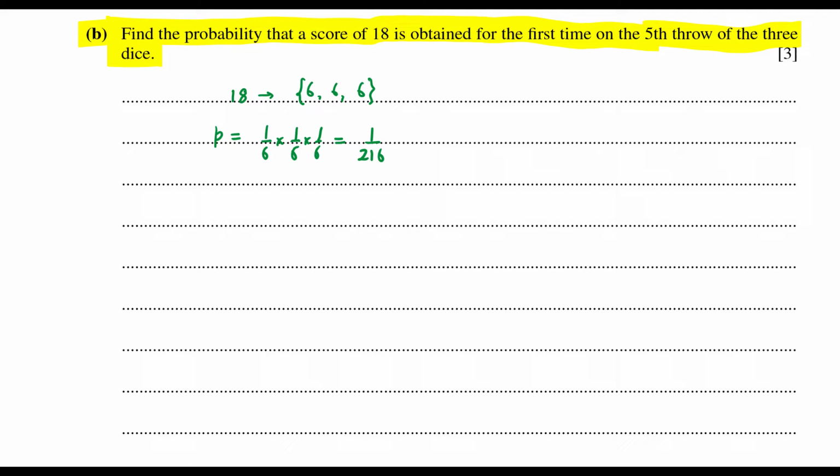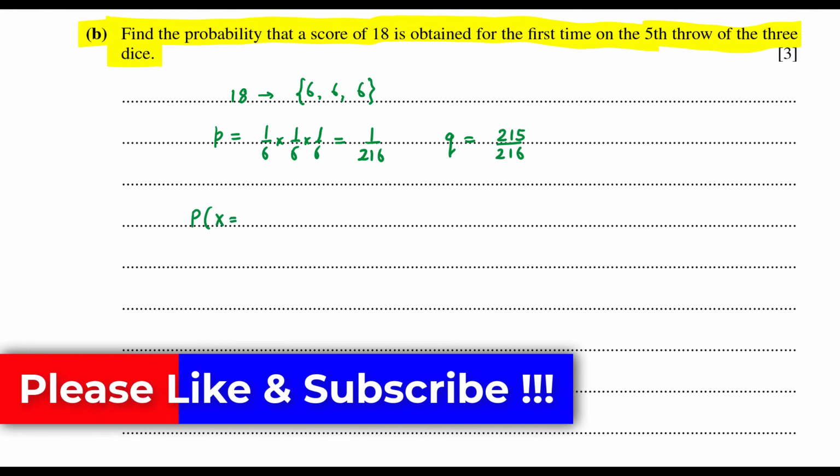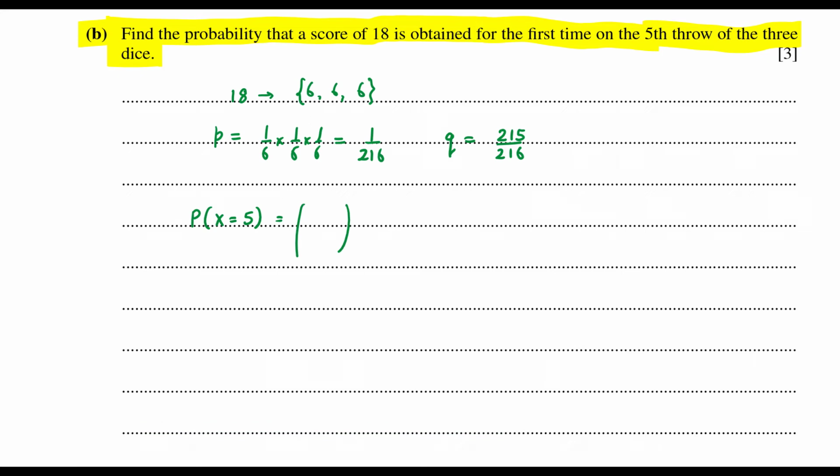In that case, the failure probability would be 1 minus 1 over 216, which is 215 over 216. Since they have asked for the fifth throw in the geometric probability, the first 4 throws were not a success, meaning not getting 18, so 215 over 216 to the power 4, and the fifth one is 18.